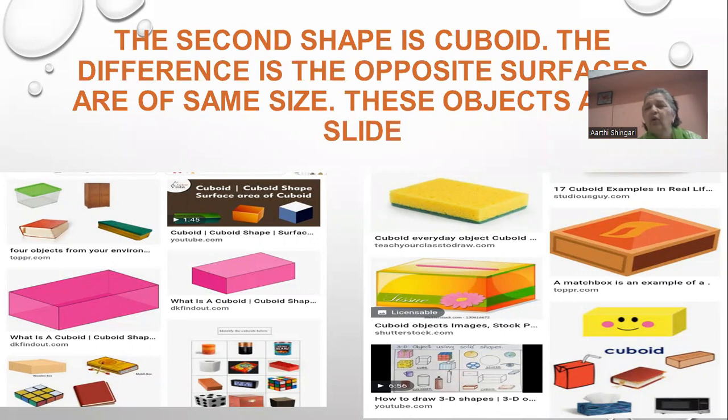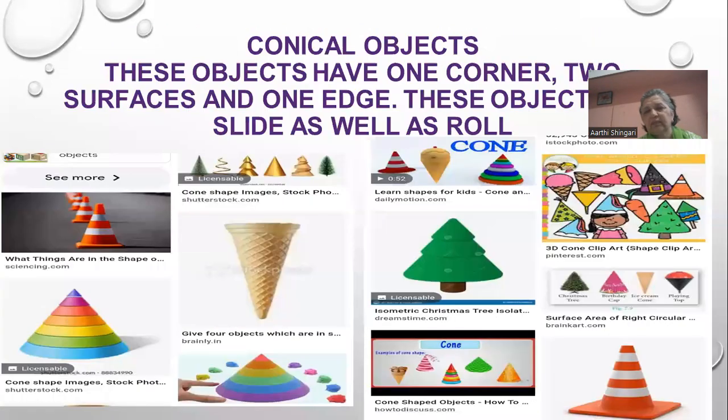That means all the 6 surfaces are of different size. 3 pairs. They make 3 opposite pairs which are of same size. Now all these surfaces are plane. That means these objects can also slide only. So sliding objects are cubical objects and cuboidal objects.